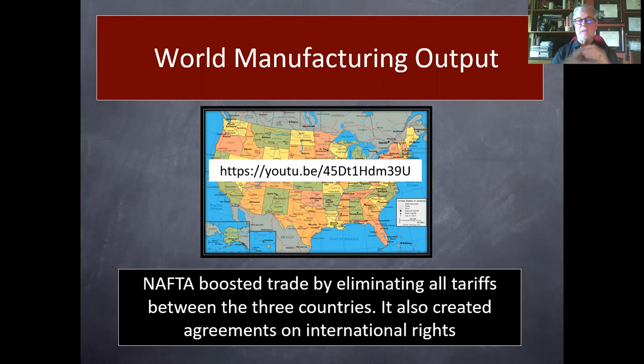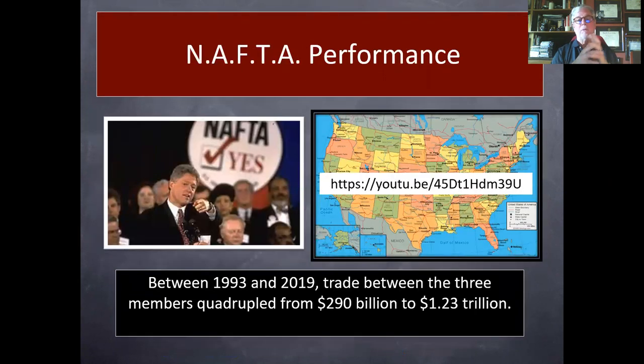It also created agreements on international rights. And this is one of the good things that Bill Clinton did. Between 1993 and 2019, trade between the three members quadrupled from 290 billion to 1.23 trillion.